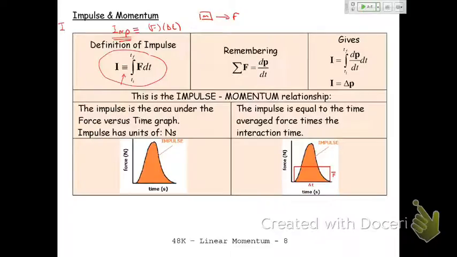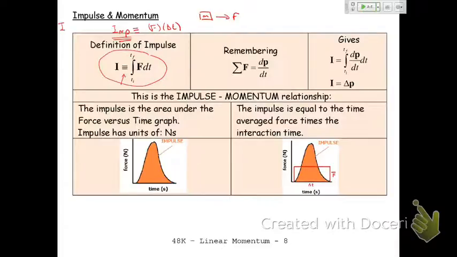Good. So, okay, I'd invent this thing called impulse. It is the force times the duration. And then we say, okay, well, if we remember that the sum of the forces or the net force is equal to dP by dt, we can substitute in for that force. And we say I is equal to the integral dP by dt multiplied by, well, integrated with respect to time.